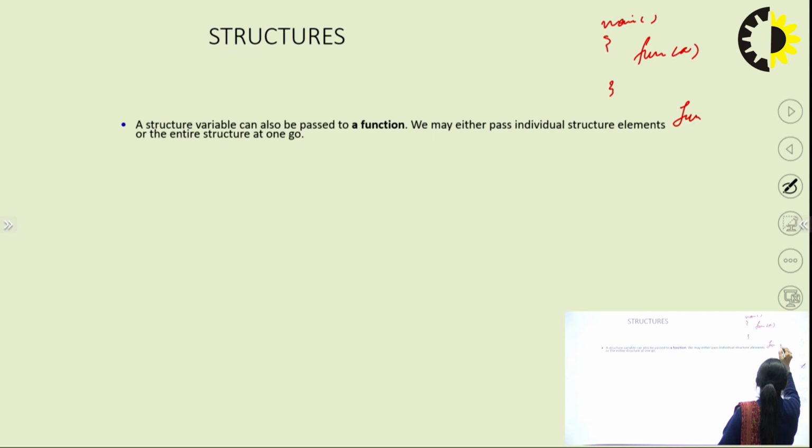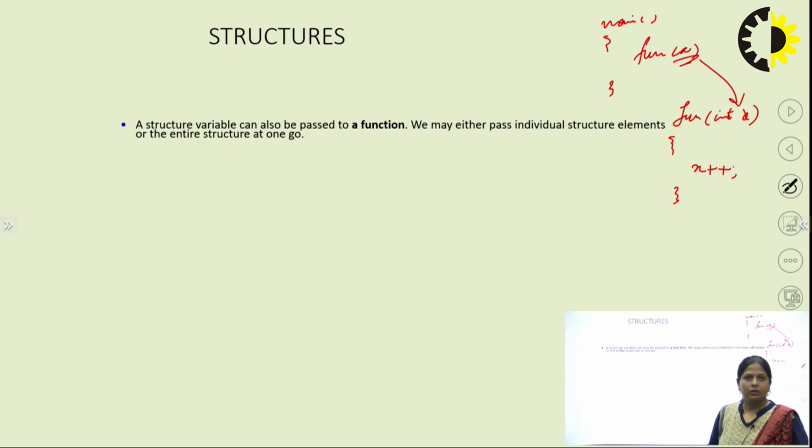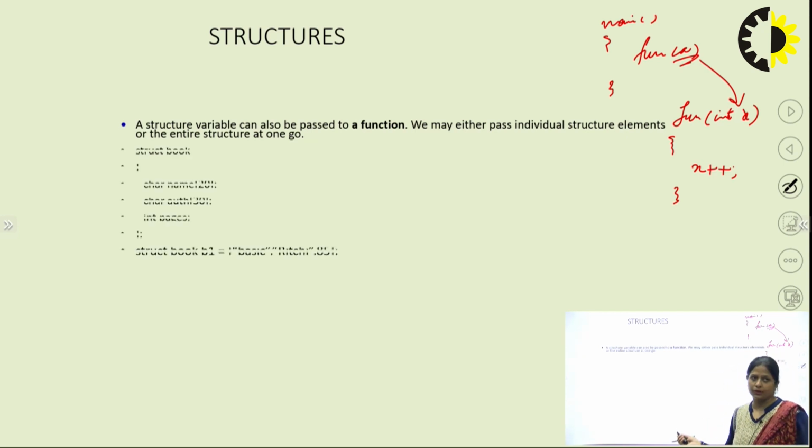So here integer x and then x plus plus and so on. What we have done? We have passed this variable. Likewise, a structure variable can also be passed to a function. We may pass either the individual structure elements or the entire structure in one go, right? So how are we going to do that?